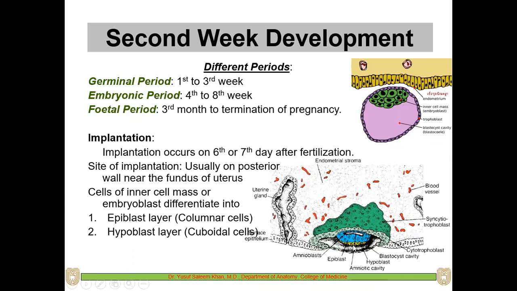You know the difference between cuboidal and columnar. So the upper epiblastic cells become tall columnar, and the hypoblastic layer becomes cuboidal. Now the embryoblast has changed itself into two layers, the epiblastic layer, blue colored, and the hypoblastic layer, yellow colored cells.